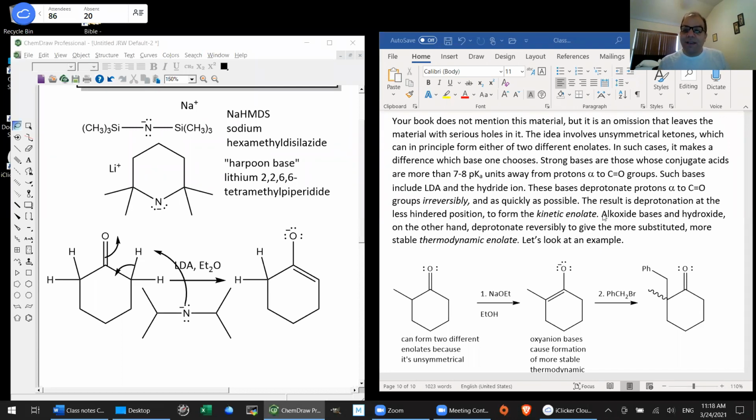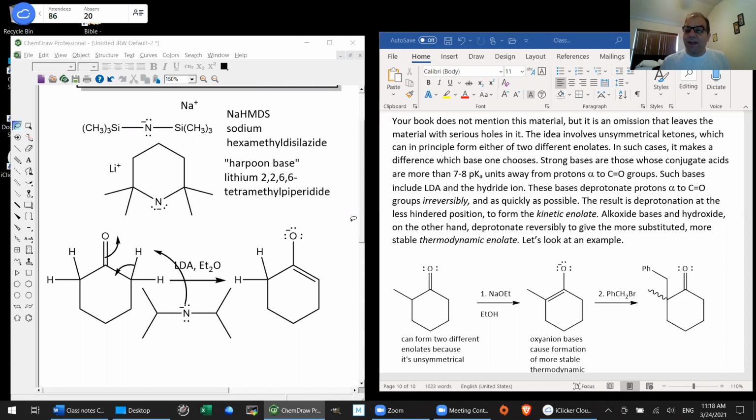So let's see. It's going to depend on whether the base is very, very strong indeed, like one of these bulky secondary amine conjugate bases, or maybe hydride is a very strong base, or sodium amide would also fall into that category.